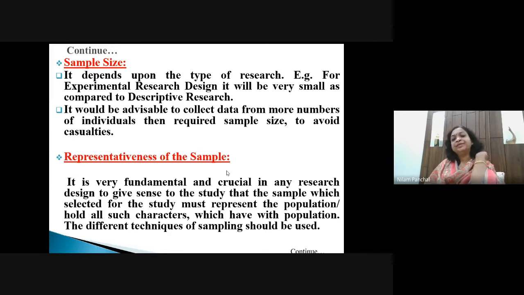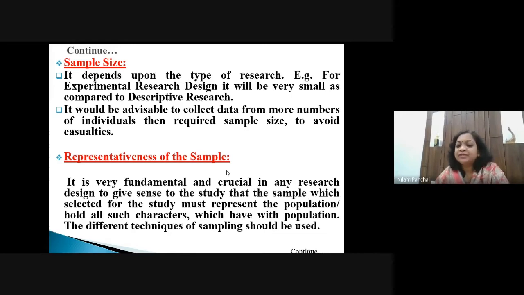So when you are deciding your research design, if it is experimental, then the sample would be small. But if you are going for descriptive research, the sample size can be 500, 600, 1,000 or even more than that.